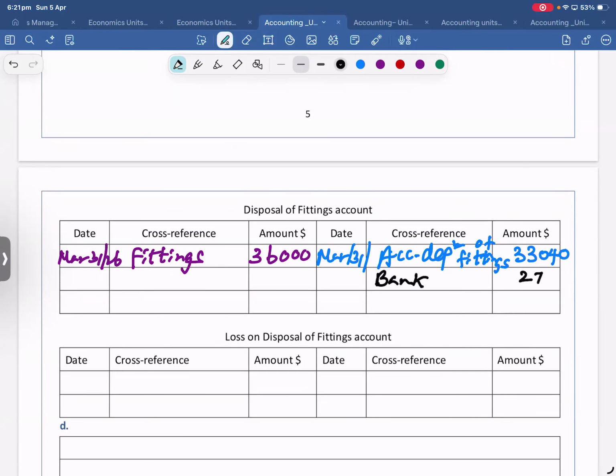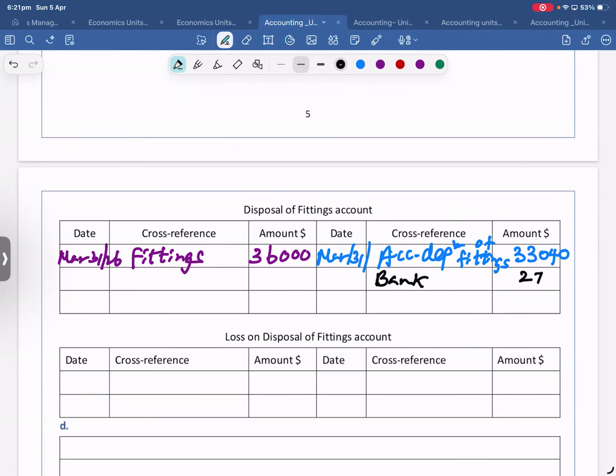And then this is going to the loss. So 60. Saying what is it? Disposal of fittings.